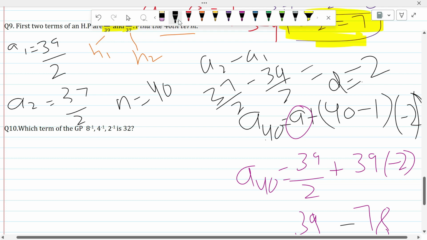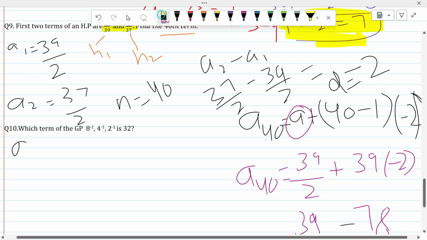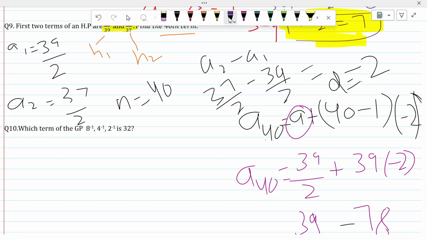Now, which term of the GP 8 power minus 1, 4 power minus 1, 2 power minus 1 is 32? I'm not considering an, I'm considering gn because it is GP, right? GP equal to 32.